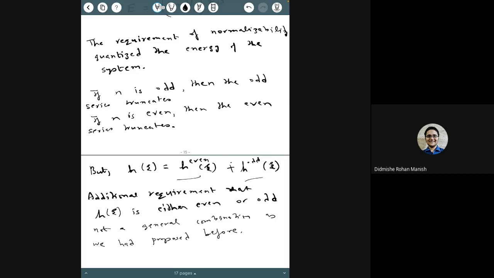So the gaps became fixed when we did the operator solution. But here, the fact that energy is quantized comes from the requirement of normalizing the wave functions in the case of the differential equation. So the sources are different, but the solution is the same. We still get the same energy quantization condition and the same energy spectrum for the system.